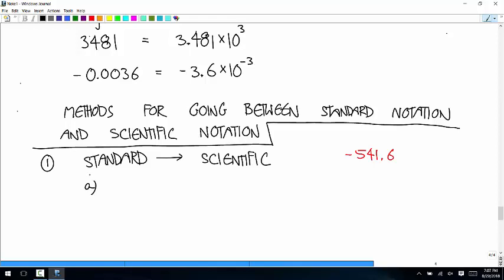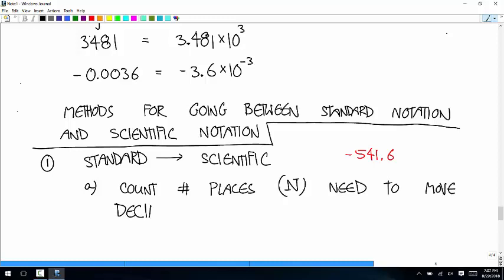So the first step: count the number of places, and I'm going to call that number of places n, that you need to move the decimal place left or right so that from that starting number, you have 1 non-zero leading digit.